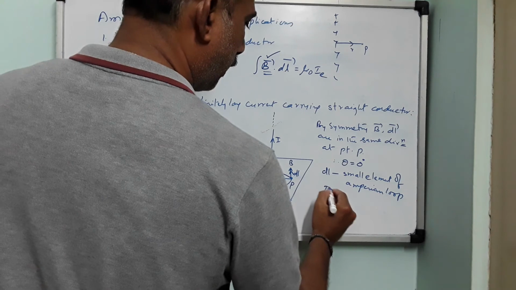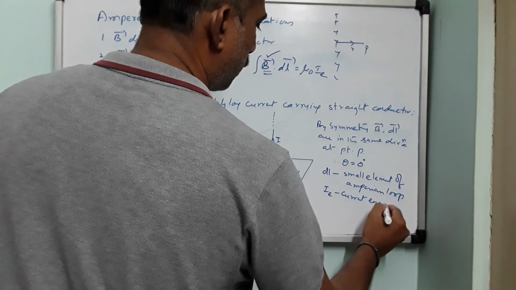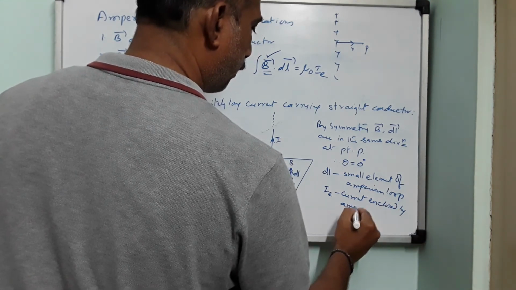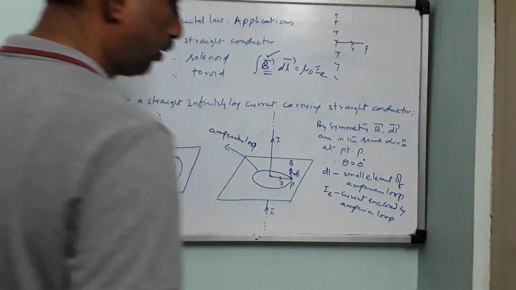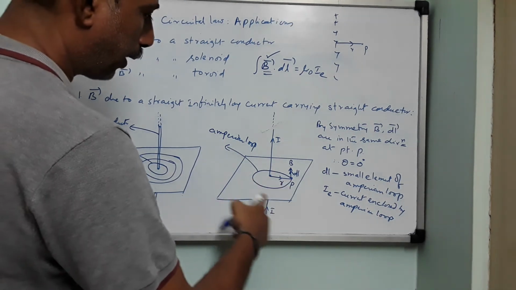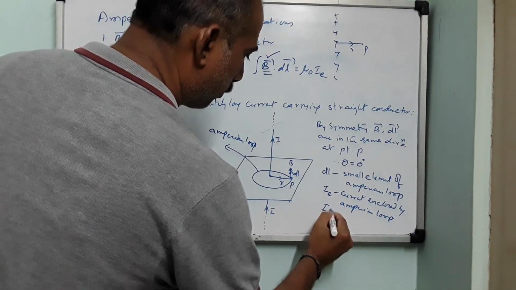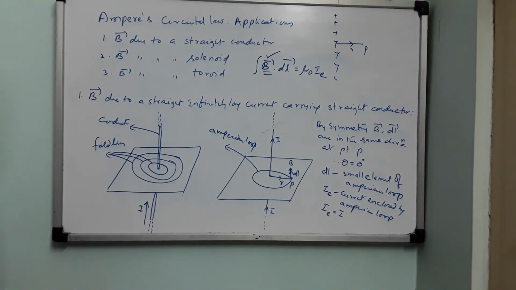I_E is the current enclosed by the Amperian loop. Now, for this diagram, this Amperian loop is enclosing the total current I. So I_E equals I, the total current. Clear?